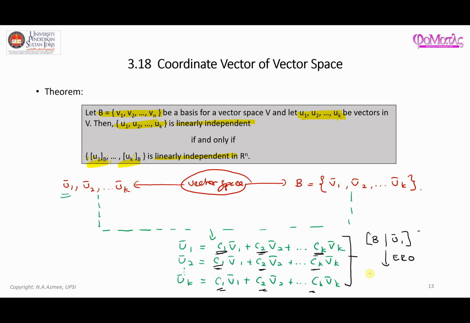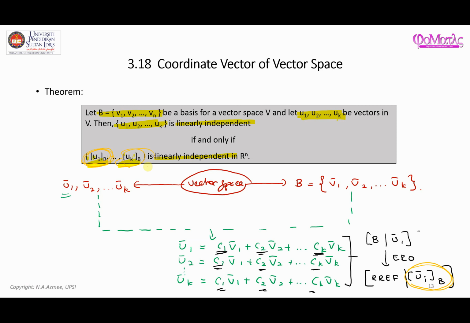You will be able to get the coordinate vector for ui with respect to the basis. So the results that you get here are the coordinate vectors of u.